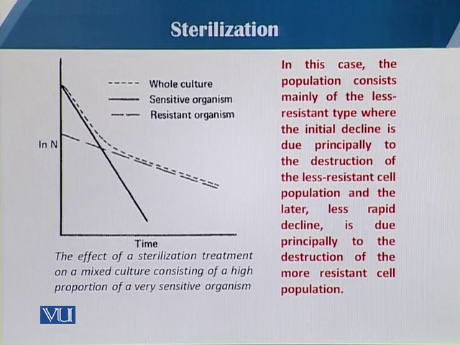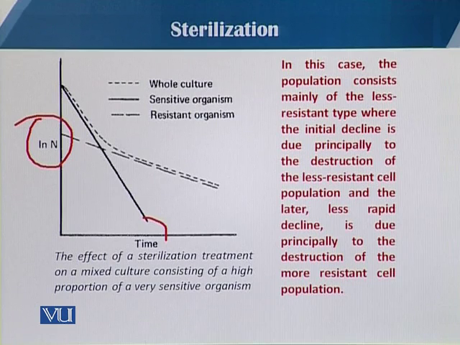So in the first case, when we have a graph between ln N and time t, we can say that the whole culture basically has the average of that.